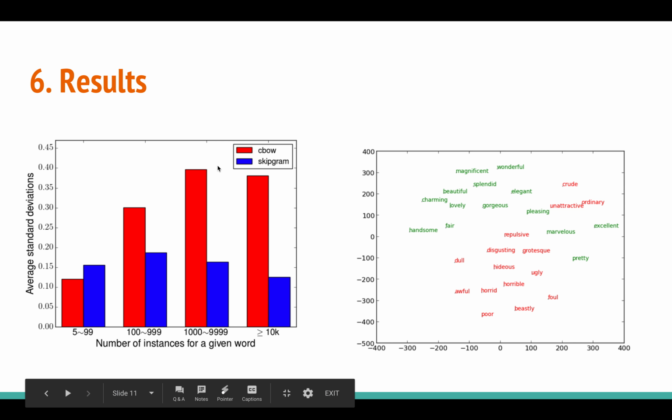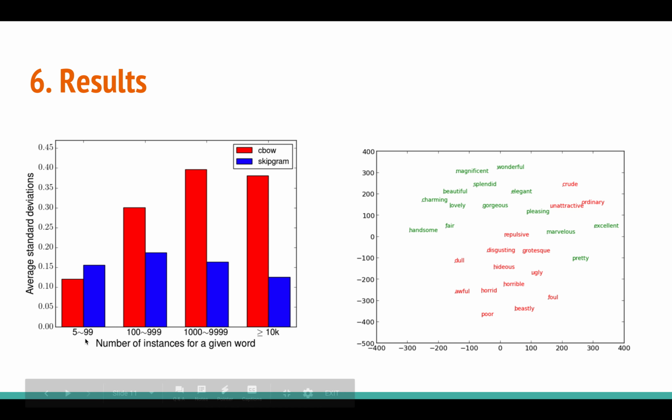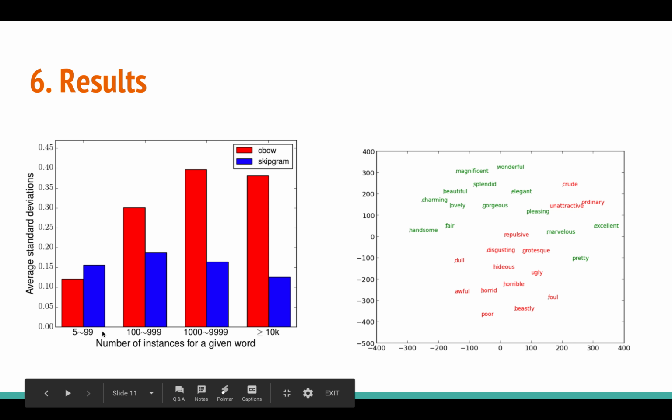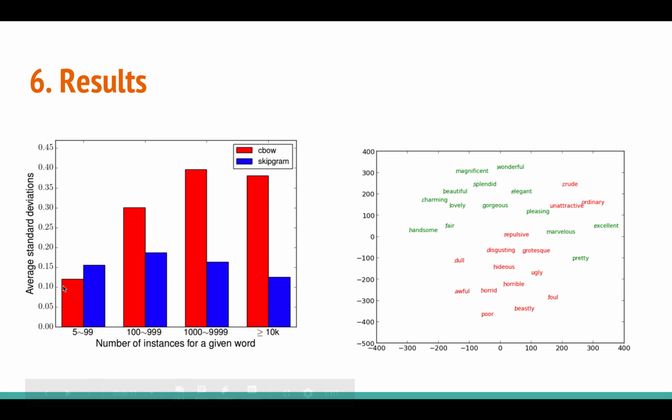So the average standard deviation for SIBO, considering only words within this range, is actually lower compared to the skipgram model, which is kind of weird.